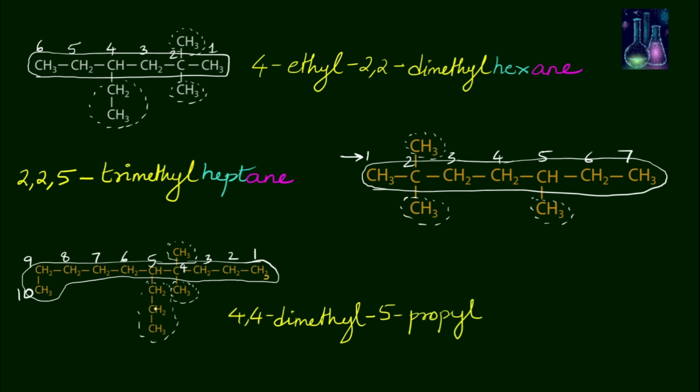Since you have 3 carbons over here, the 3 carbon substituent is propyl, and then you have your main chain which has 10 carbons, so dec, and since these are all carbon-carbon single bonds, you will write ane. So the name of the molecule is 4,4-dimethyl-5-propyldecane.